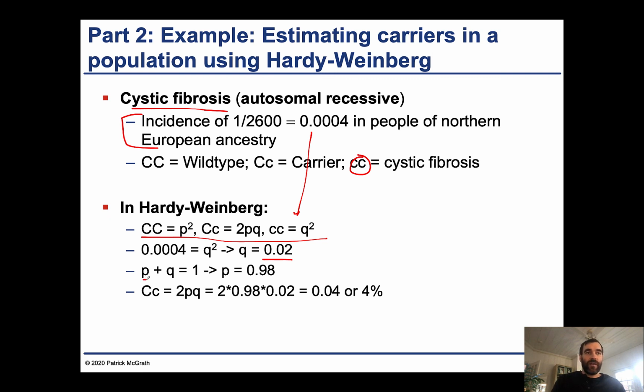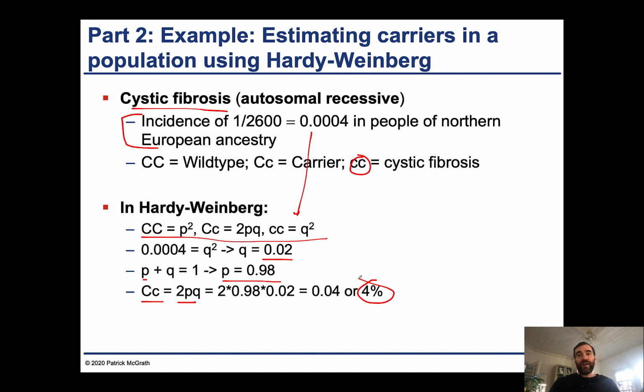Now you can calculate p by using the relationship that p plus q equals 1, and so little p has to equal 0.98. And now we can calculate the carrier frequency being 2pq. So the carrier frequency is approximately 4%. So approximately 4% of the population are carriers for cystic fibrosis.